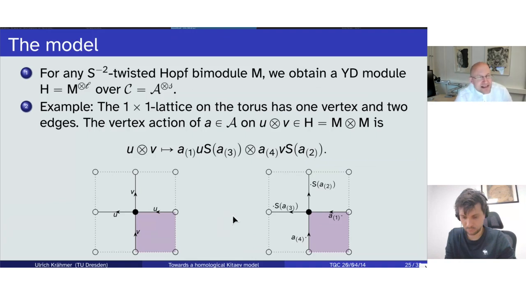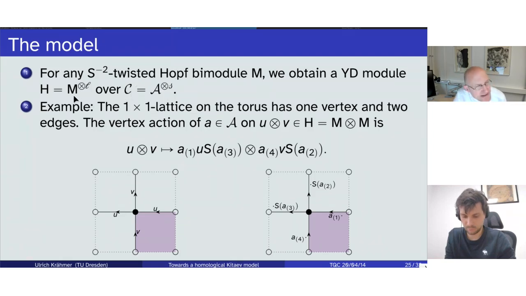Well, and if you have this, how does the Kitaev model work? So you give me such an s to the -2 twisted Hopf bimodule M. And then the claim is that, as in the standard setting that everyone discusses, you get a Jeter-Greenfeld module over the S-fold tensor product of your Hopf algebra A that you have chosen.